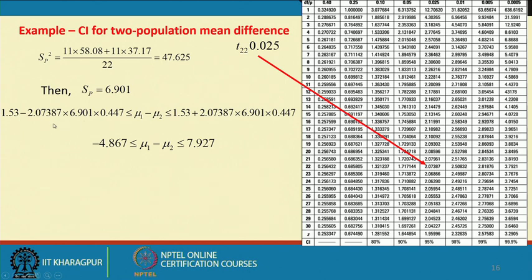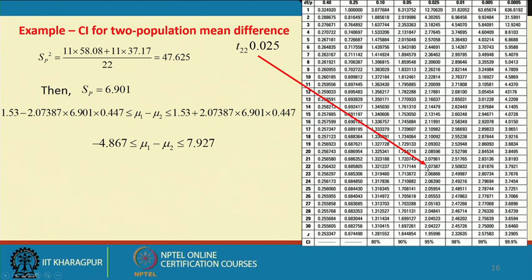Now, the formula: y1 bar minus y2 bar, that value is 1.56, minus t with n1 plus n2 minus 2, that is 22, alpha by 2, 0.05. You see this is the t distribution table. So the degree of freedom is 22, alpha is 0.025, and the t value.